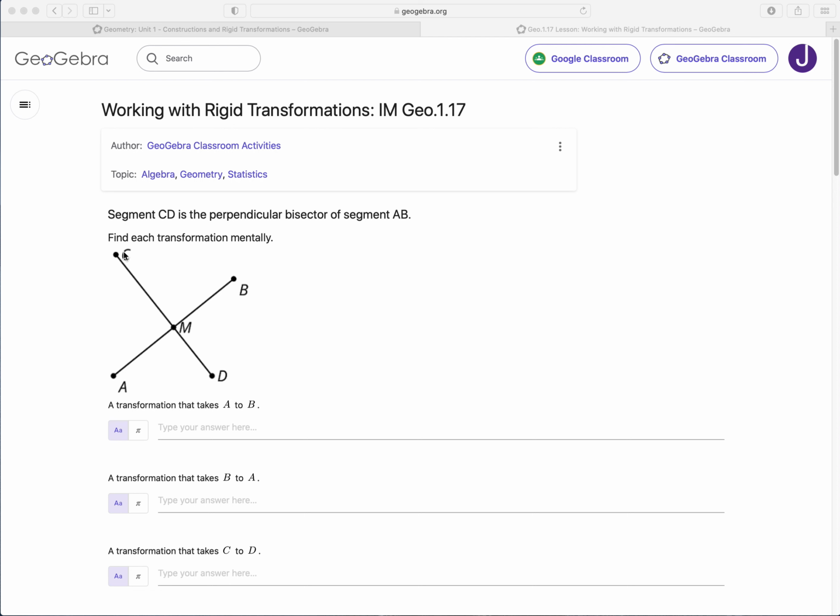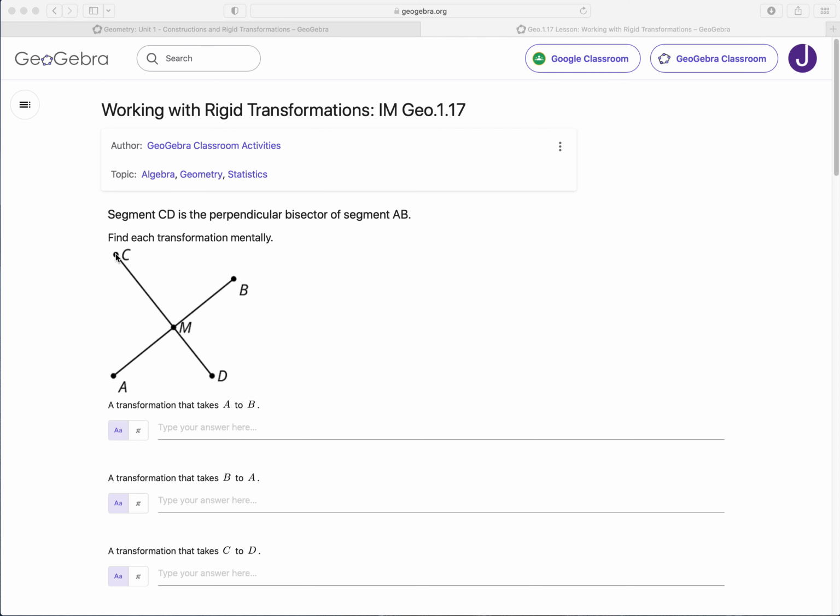Well, we know that CD splits AB perfectly in half, but we don't know that AB splits CD perfectly in half. It looks like CM is a longer line segment than MD.